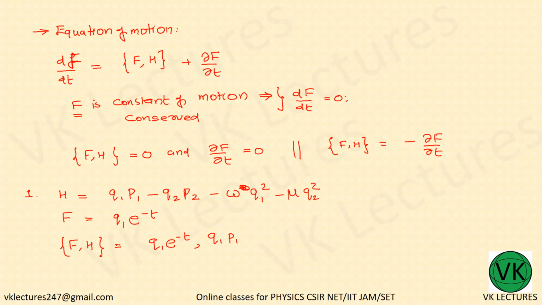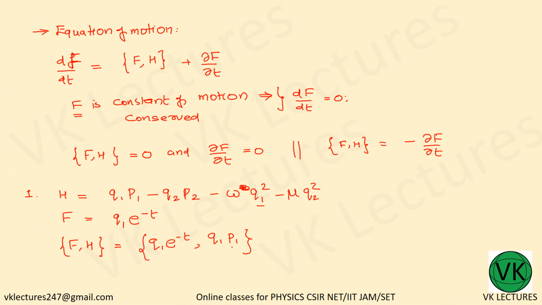Now for ω q₁², it consists of q₁, so q₁ with q₁ will go to 0. So we need q₁ e^(-t) and q₁p₁.